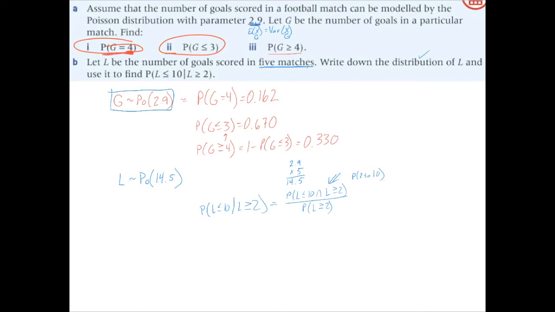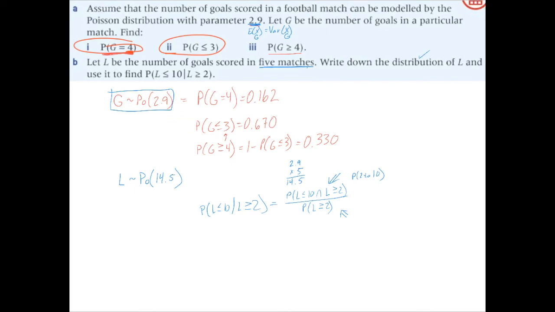Only the numbers between 2 and 10 will satisfy both, and since both are "equal to," I include both 2 and 10. Then on the bottom, I need the probability of L being greater than or equal to 2.